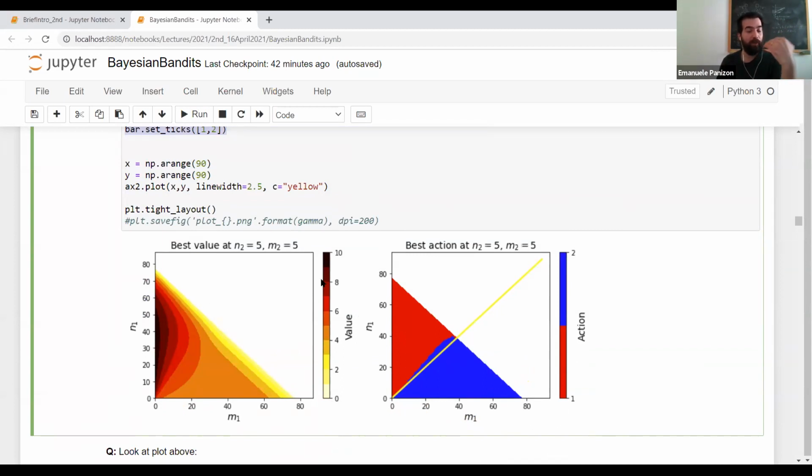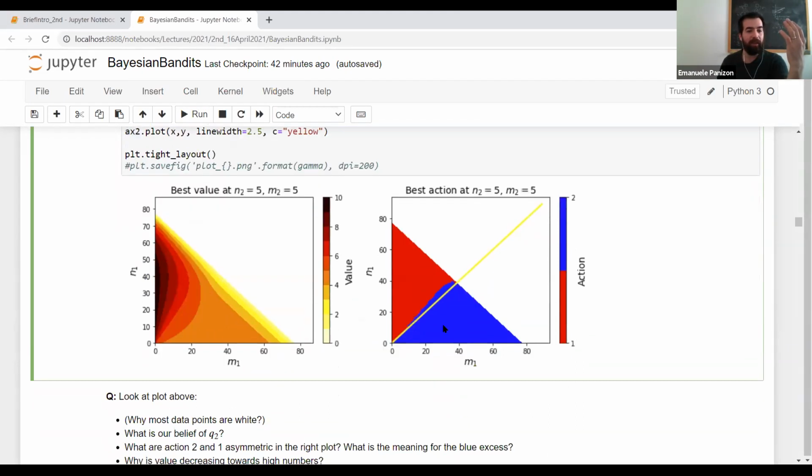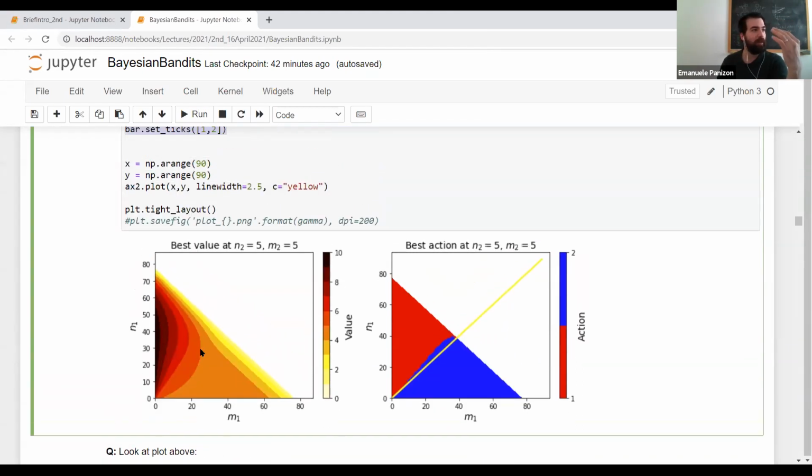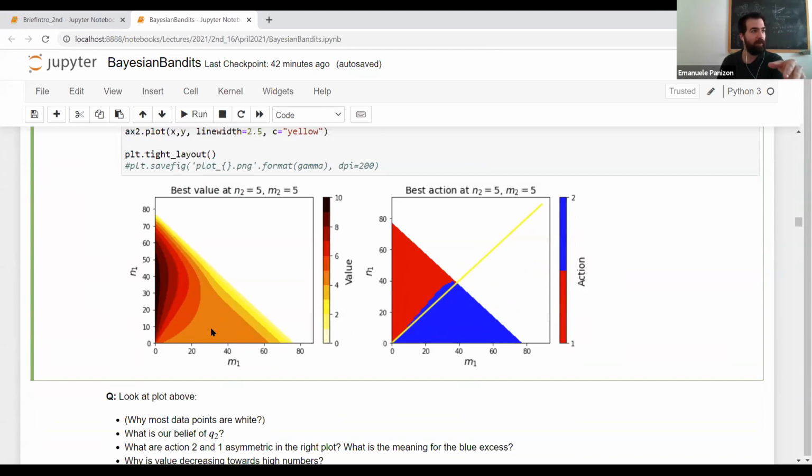So the value is what I expect my value to be in the future if I start in a belief which is characterized now by N1 and M1. And this is the best action to take. So let's look a bit at these plots. And if you have specific questions about these plots, please ask.